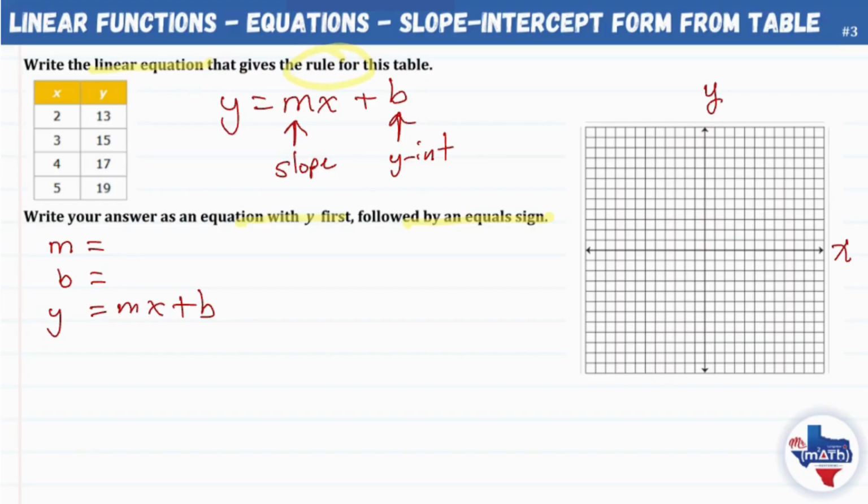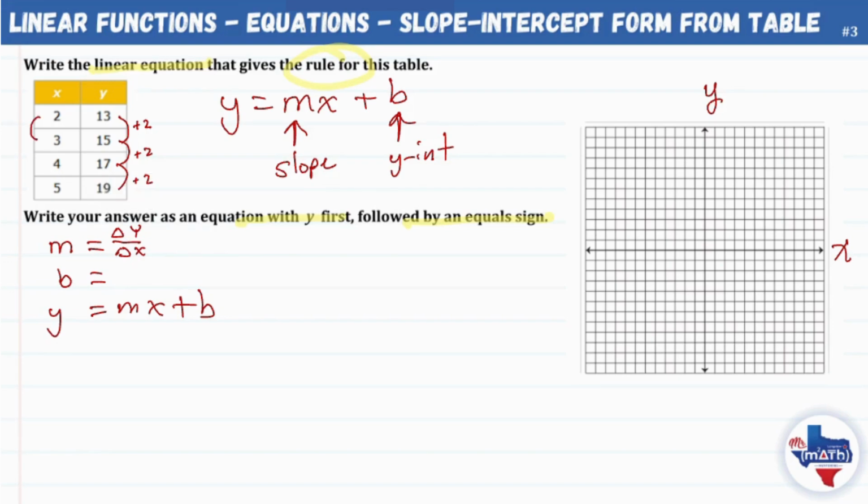Remember that the rate of change, or m, the slope, is defined as the change in y over the change in x. So what are our y's changing by? Well, from 13 to 15, it's changing by plus 2. From 15 to 17, it's changing by plus 2. And 17 to 19, it's changing by plus 2.